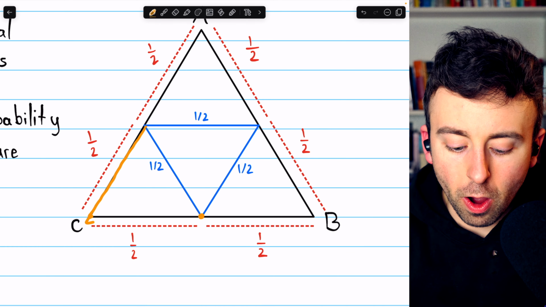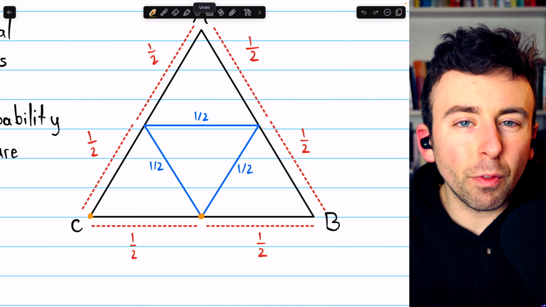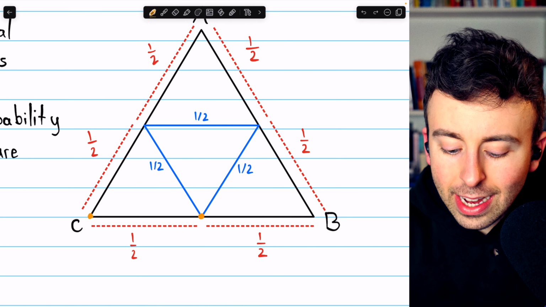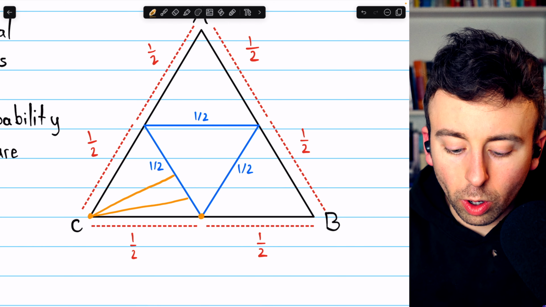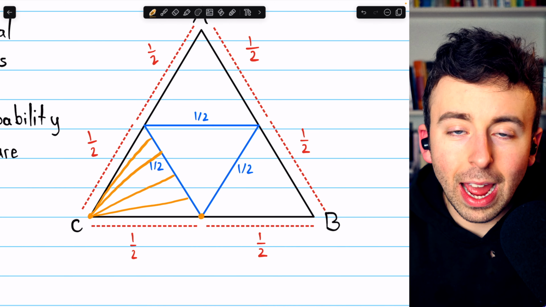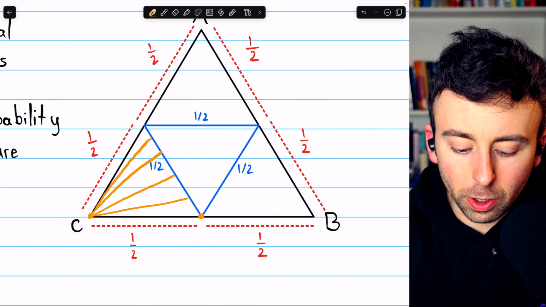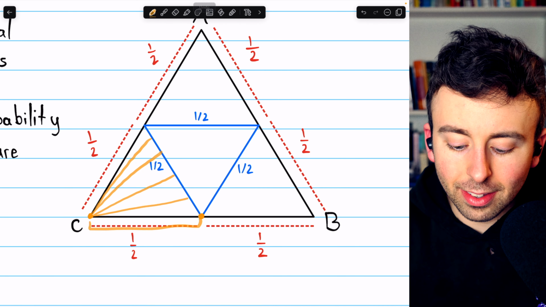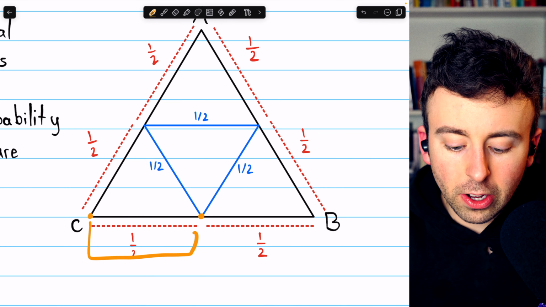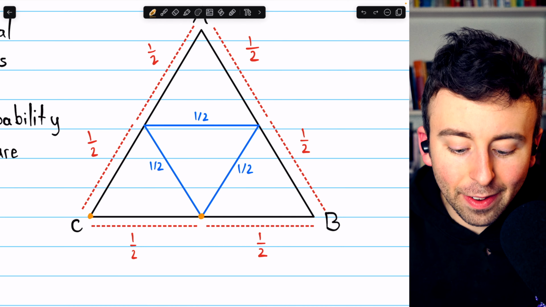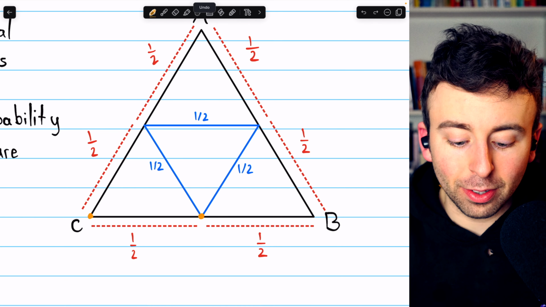This way, they're both on this triangle, but they are as far apart as possible. Any other point in or on the triangle would have a distance less than or equal to this distance. And this distance, like we mentioned earlier, is 1/2. And so that gives us our solution.